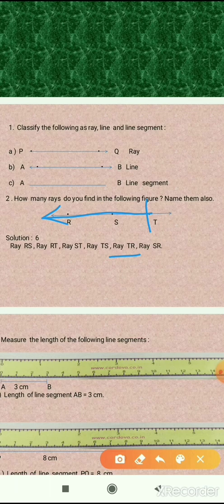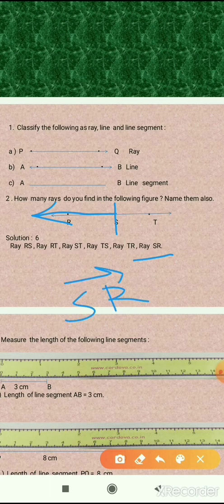So we can write it as ray TR or TR with the symbol of ray. Then next one is ray SR. Here S is the initial point and it extends in the other direction. So we can write it as ray SR or SR with the symbol of ray.